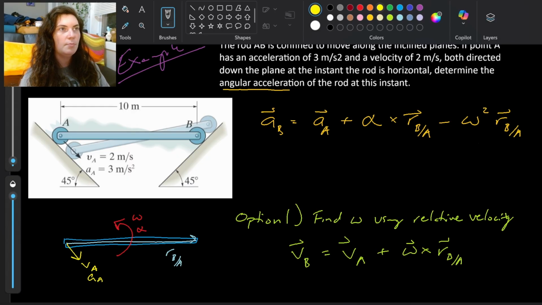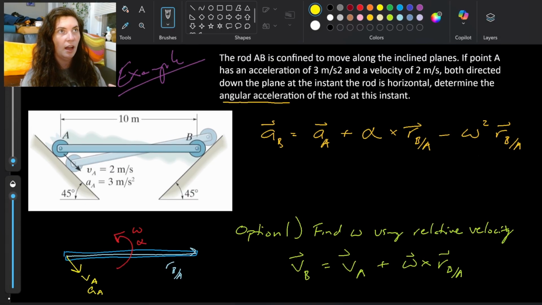And then the last thing I'm missing on this diagram is VB. Since I know this movement is constrained, it says, first line there, A B is confined to move along the inclined planes. I know that it can only move up or down this plane here.